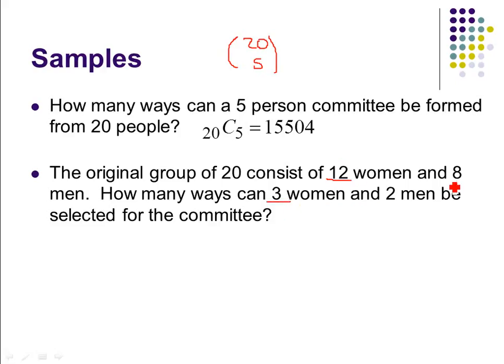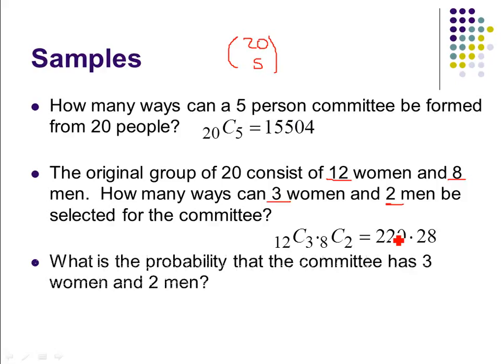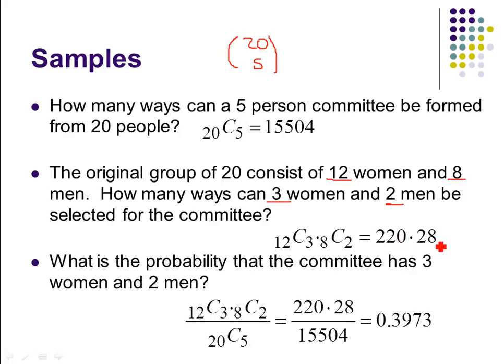From the 8 men, I'm going to choose 2. Out of 20 choosing 5. So these are the different ways I can get 3 women and 2 men. And I want to know the probability of this happening. Then these are the ways I can have that happen over my total possibilities.